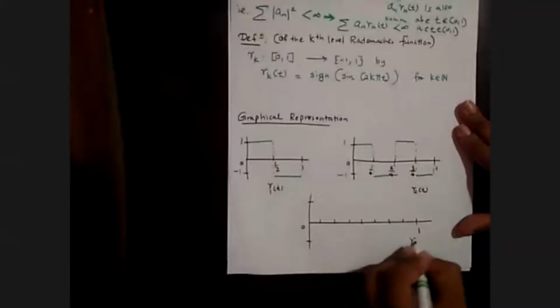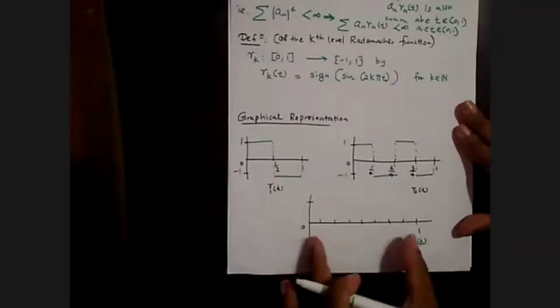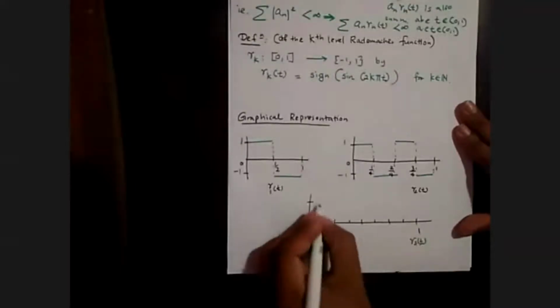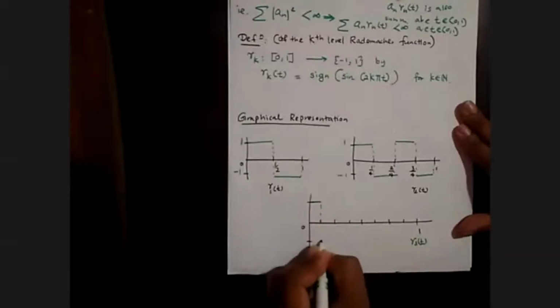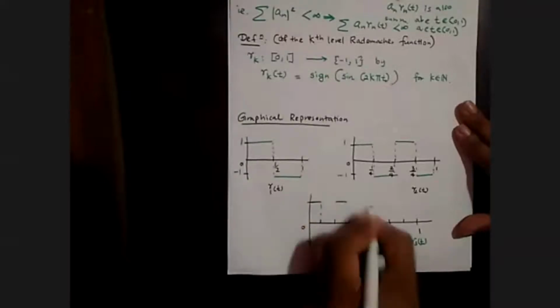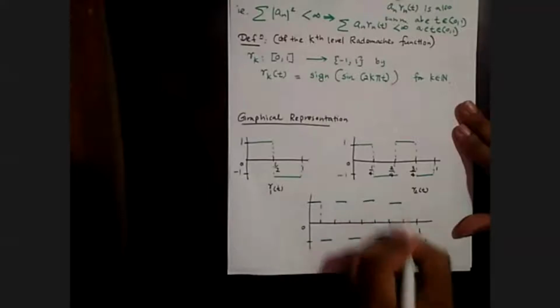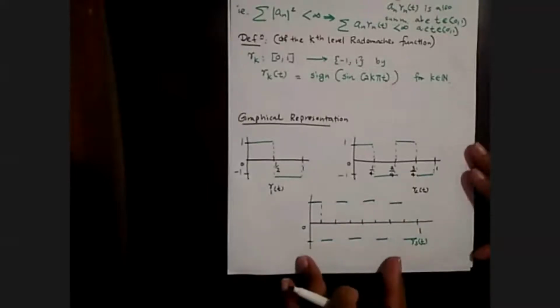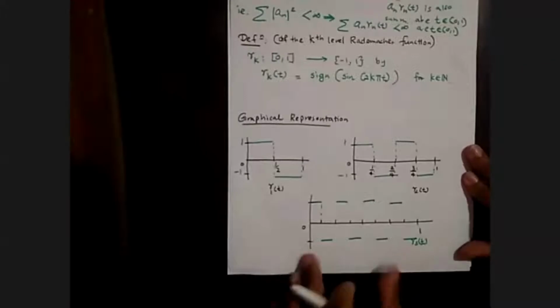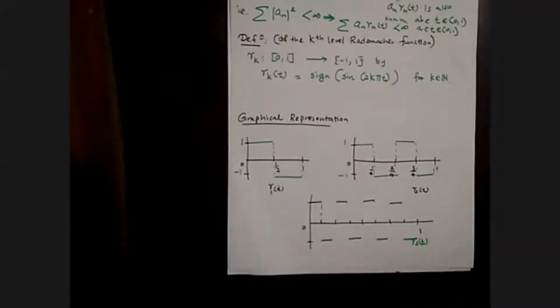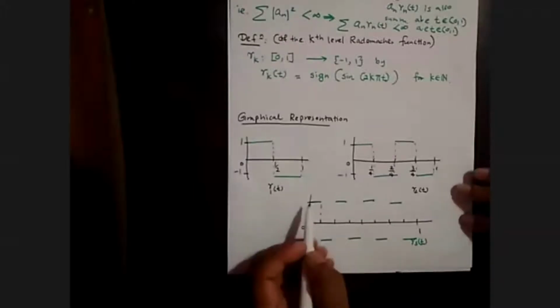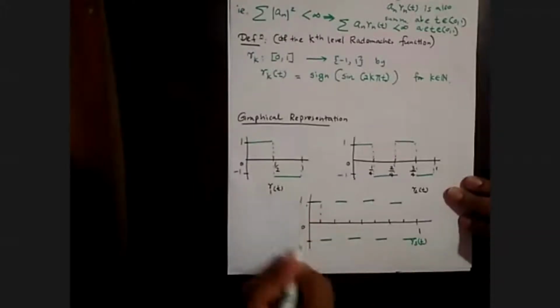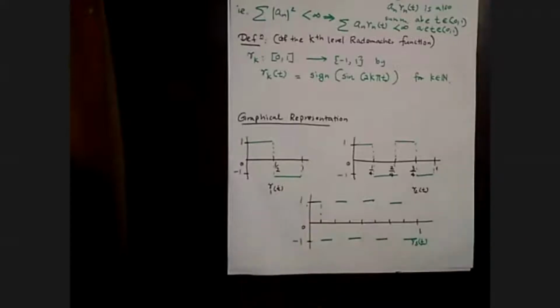Again, in R3, there will be 8 sub-intervals, and we can draw it like this. So if I draw the kth level of the Rademacher function, half of the intervals have the function value of +1 and half have the function value of -1.